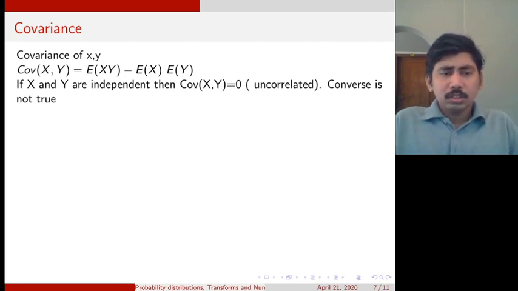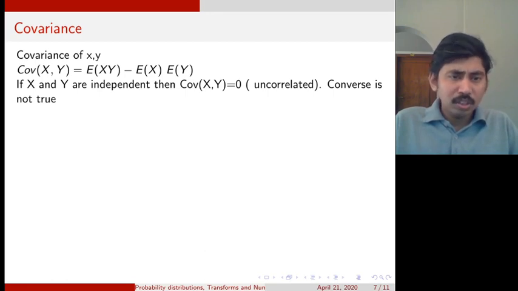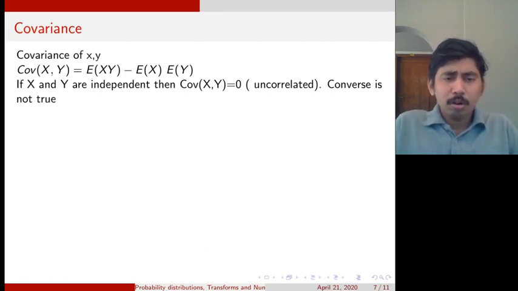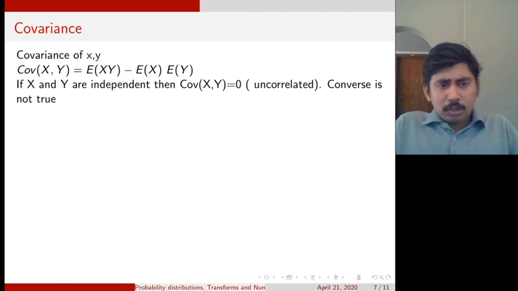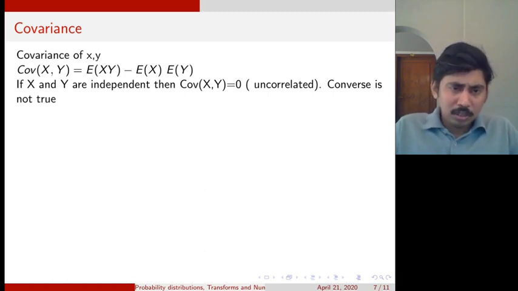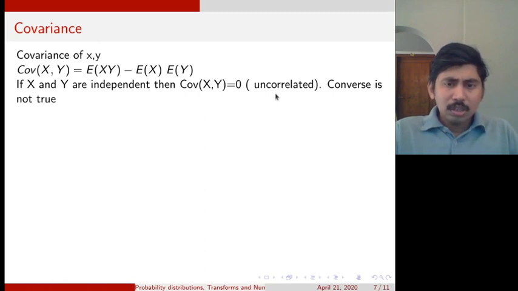The converse is not true. That is, even if covariance of xy equal to 0, you cannot say x and y are independent. There is a small gap in that equation. Even if expectation of xy minus expectation of x into expectation of y becomes 0, so covariance of xy equal to 0, x may not be independent of y.